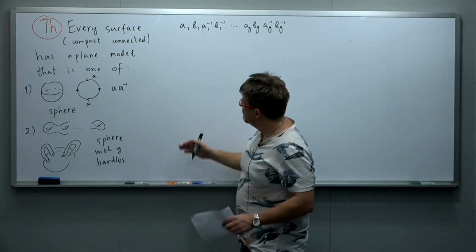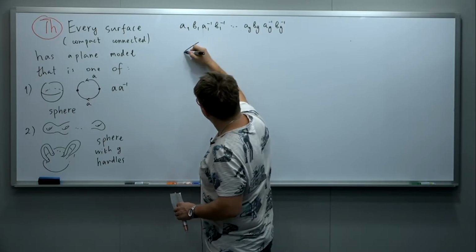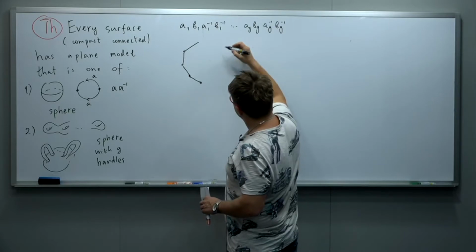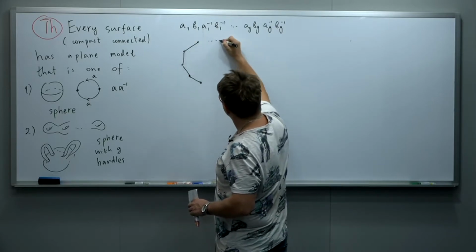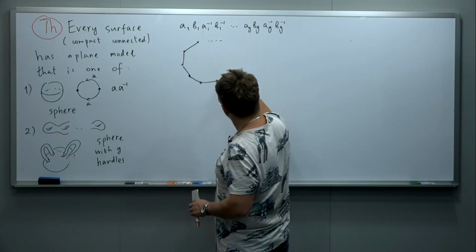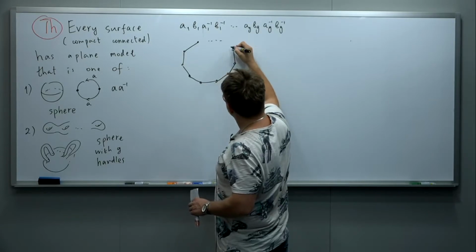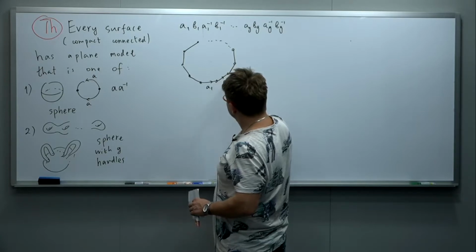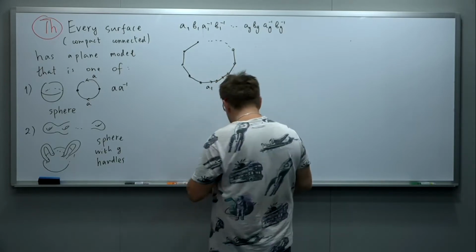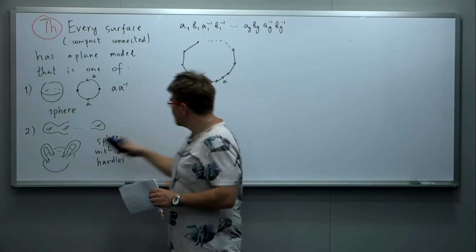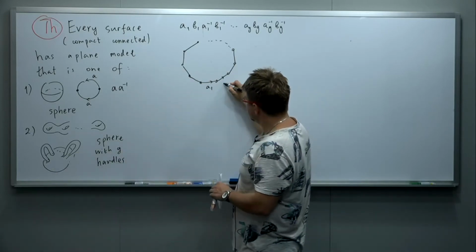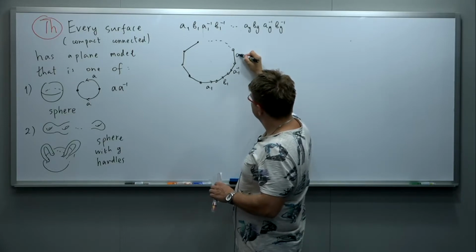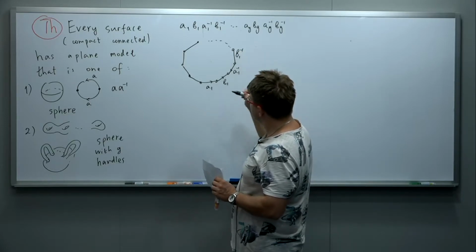Well, if you want to plot it, let's plot it. So what does it look like? So let's say that this is going to be A1, this is going to be B1, then A1 inverse, B1 inverse, and so on.